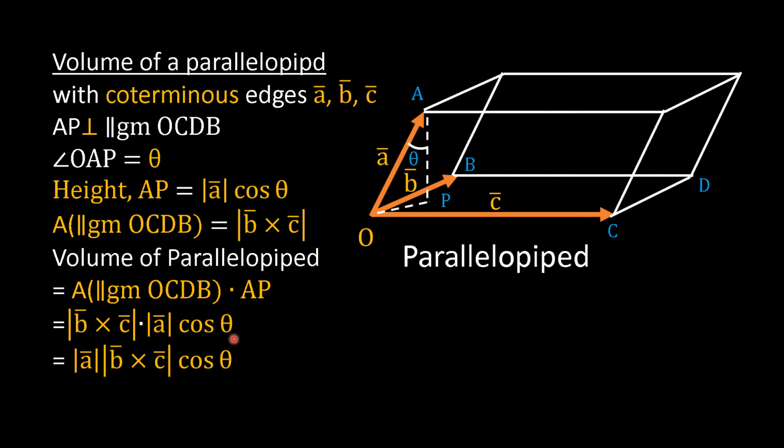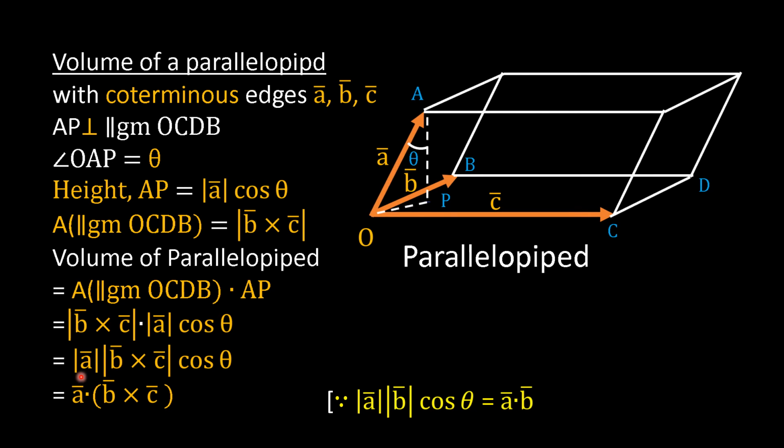We will rewrite this as mod a bar into mod b bar cross c bar cos theta. This is nothing but a bar dot b bar cross c bar, because we know that mod a bar into mod b bar cos theta equals a bar dot b bar.